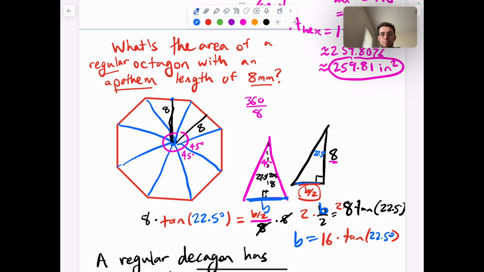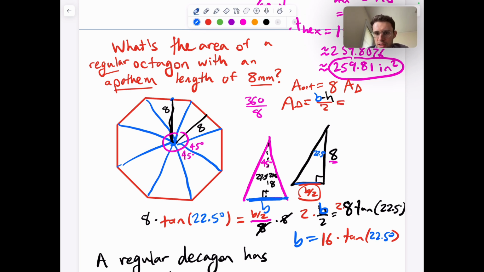All right, so that gives us the base of the triangle. To find the area of the octagon, we need to do 8 times the area of each of those triangles. The area of each of those triangles is the base, the thing we just solved for, times the height. The height was the apothem in this case, so that's 8, divided by 2.